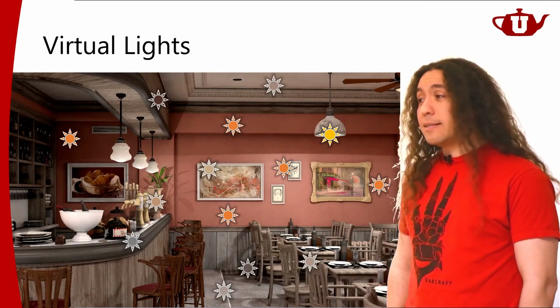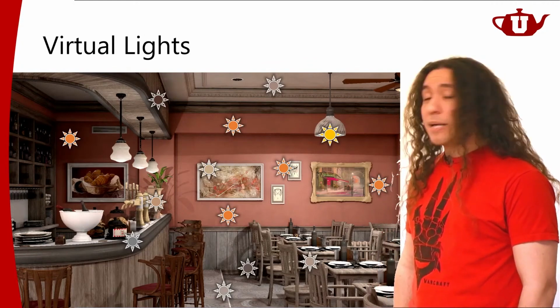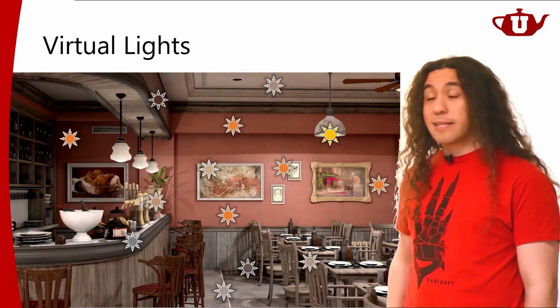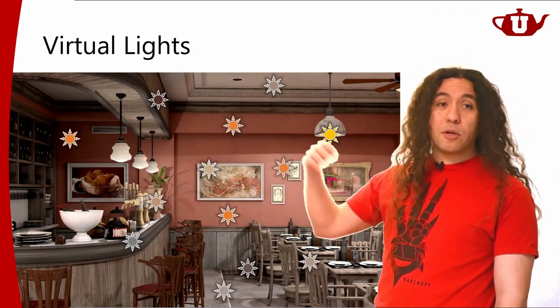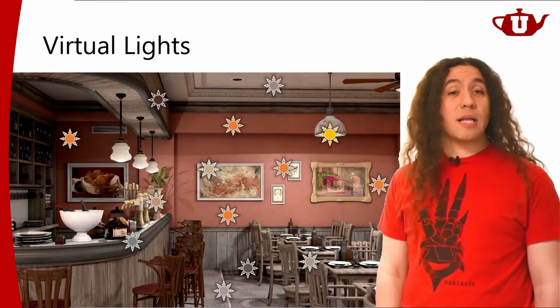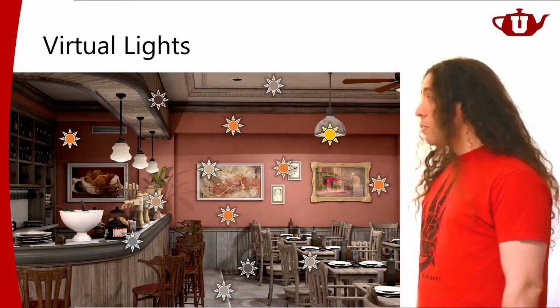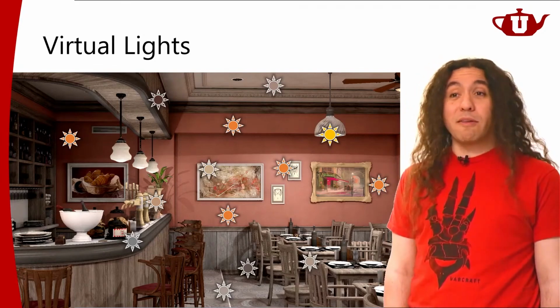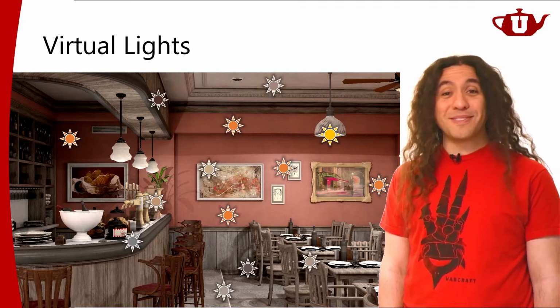So the problem of rendering with many lights, sometimes called the many lights problem, is not directly tied to instant radiosity or using virtual light sources. But virtual light sources sort of bring us to that problem. Now I have a lot of light sources. What do I do?